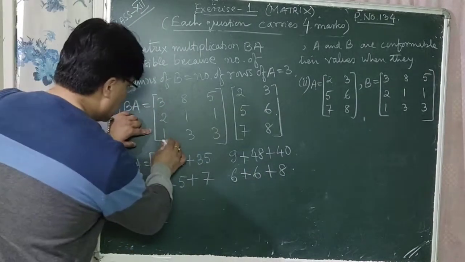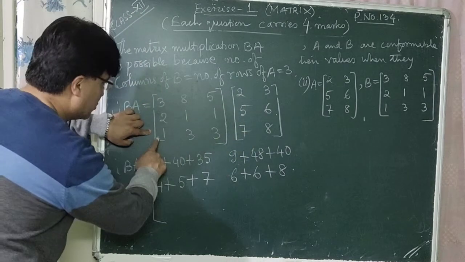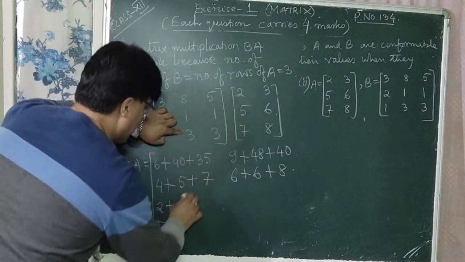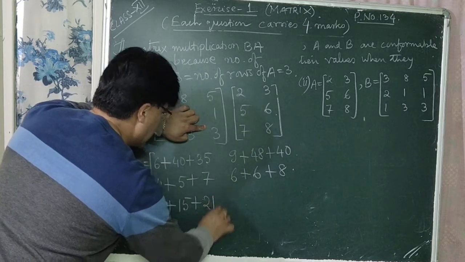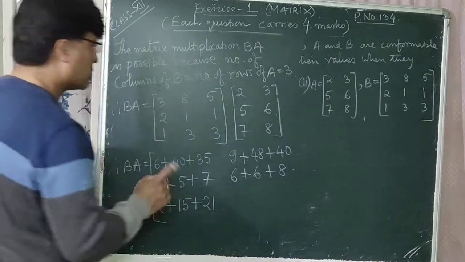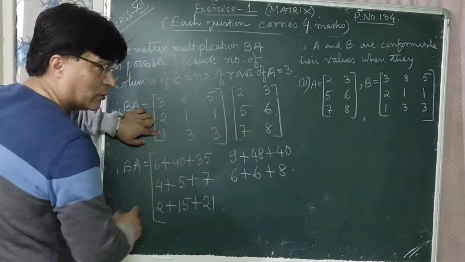Next, now the third row should be multiplied by the first column. Corresponding elements should be multiplied. That is 1 2s are 2 plus 3 5s are 15 plus 3 7s are 21. Right? And next, what is the second element of the third row? Again, this third row should be multiplied by the second column.